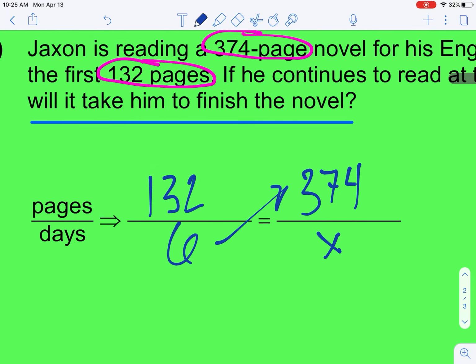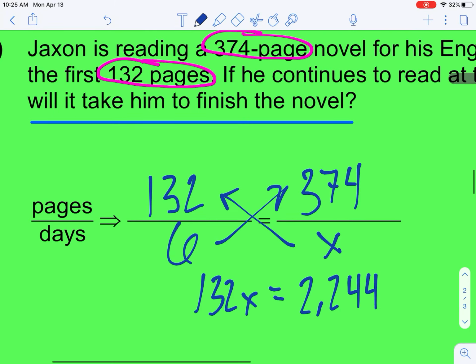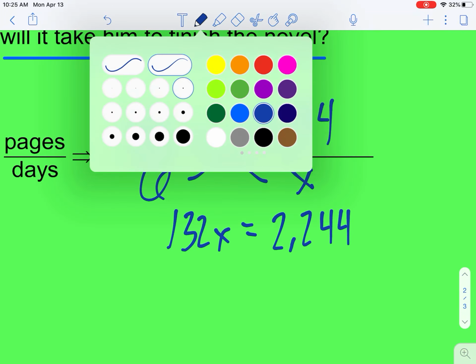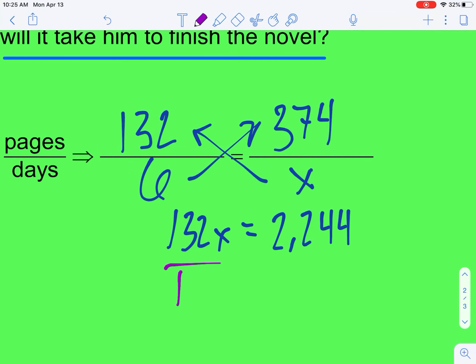So cross multiply. X times 132 is 132x. And 6 times 374 is 2,244. Okay. Now I'm going to go ahead and I'm going to divide by 132 on both sides.